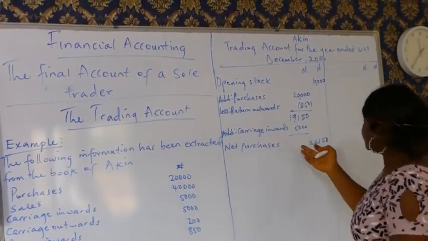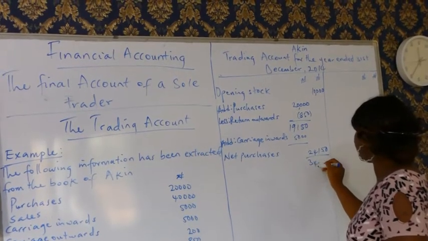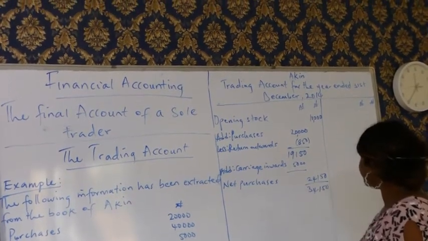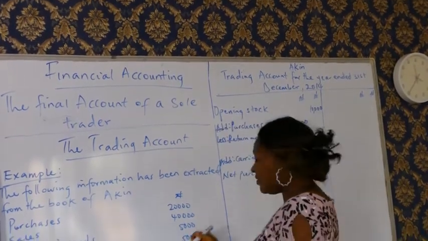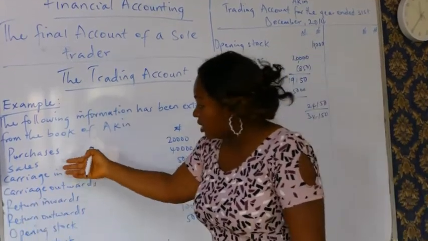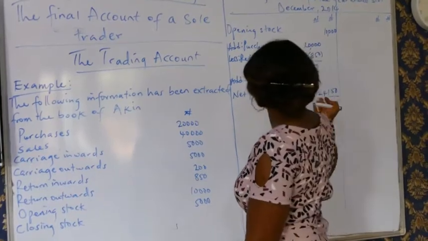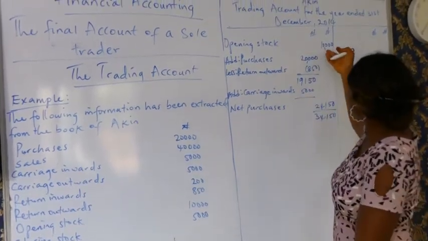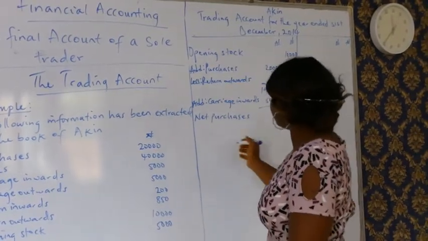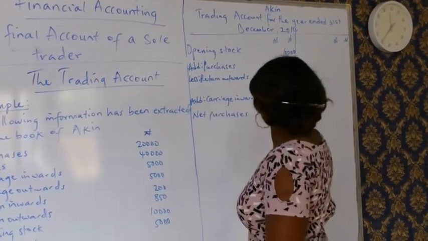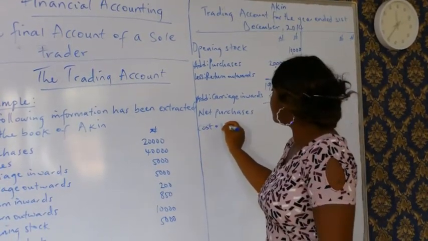And now we add the net purchases figure to the opening stock, which will give us 34,150 naira. If there was information on goods consumed, we would have deducted it from the addition of the net purchases and opening stock. But there's nothing like that in this question, so we go ahead to say that this figure is the cost of goods available for sale.